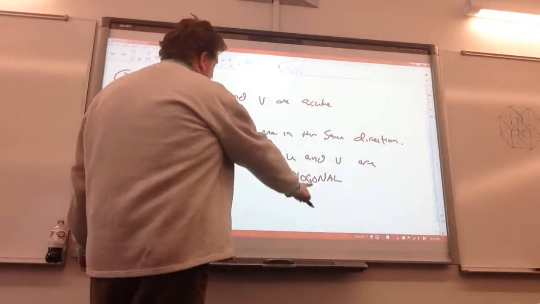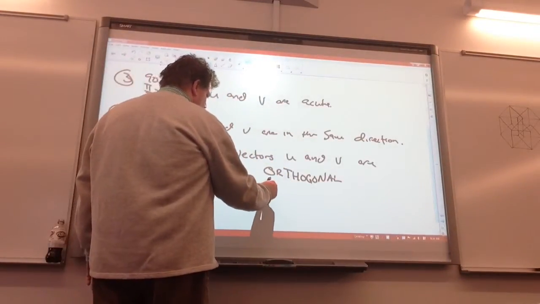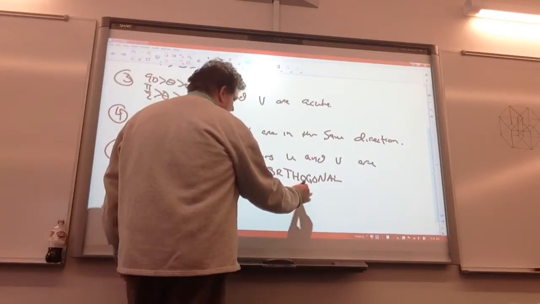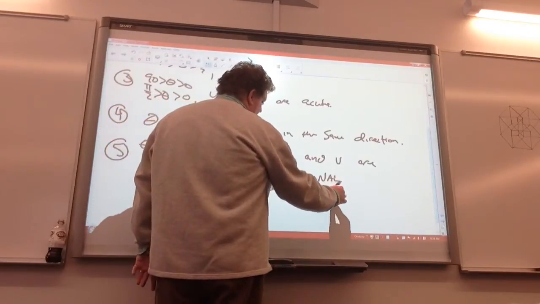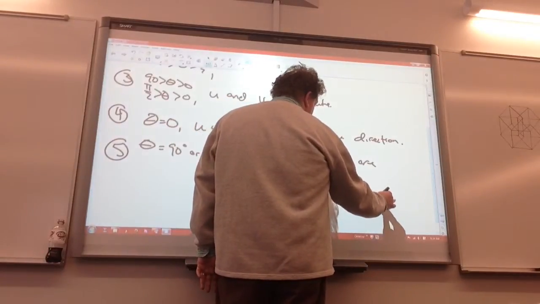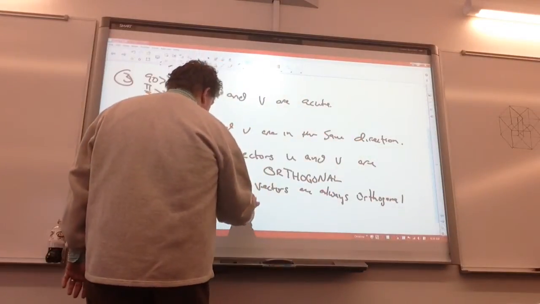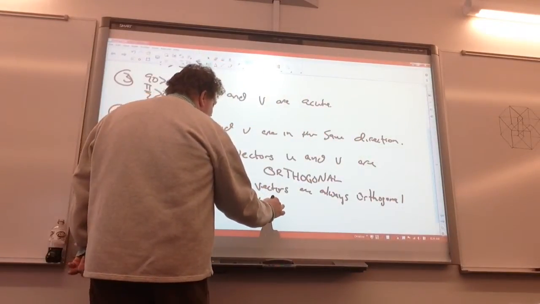So it's this word orthogonal, and two vectors are always orthogonal if their dot product is 0.